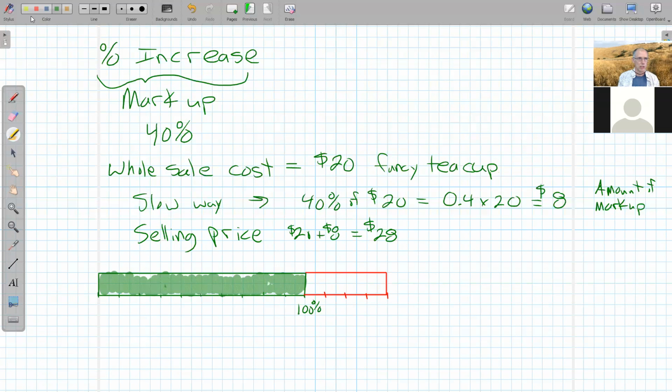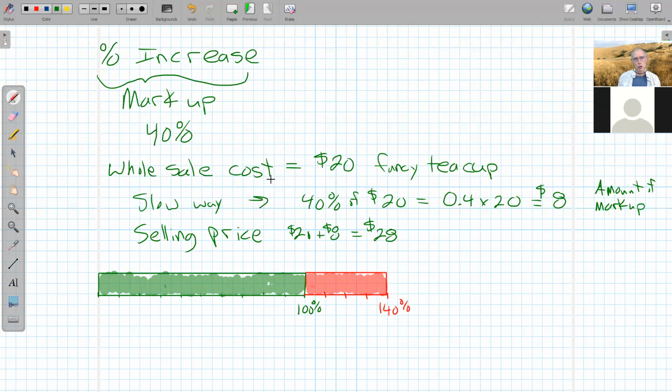And my increase. The nice thing about showing that increase is I can see, oh, 140% is another number I could work with instead of just 40%. So again, trying to get that visual understanding of what the percents are.